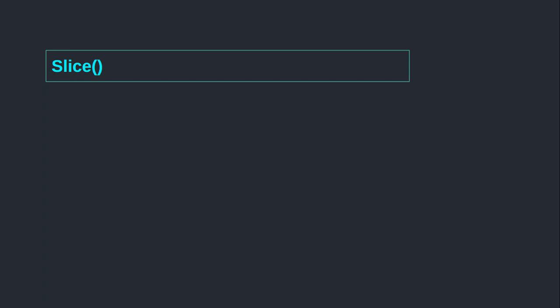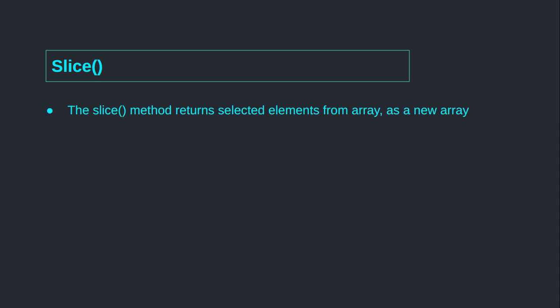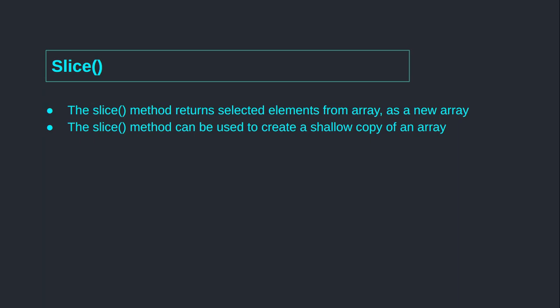So what we learned today is the slice method and how to use the splice method. Let's summarize all the things which we learned. The slice method returns selected elements from an array as a new array. The slice method can be used to create a shallow copy of an array.